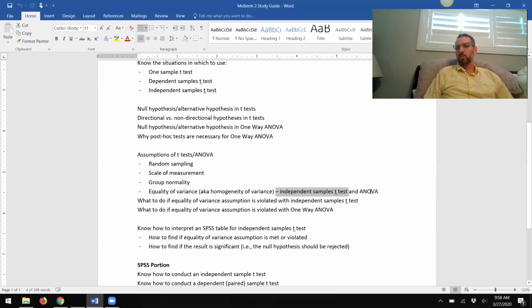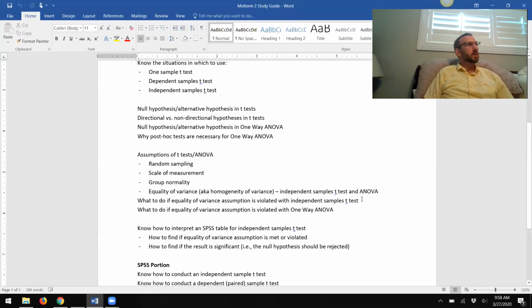Same with the one-way ANOVA. It doesn't do it automatically, but if you check that box that says homogeneity of variance test, then it's going to run the test. It's going to give you a Levene's statistic, and then it's going to give you a p-value. Same idea. If it's significant, that means you violated the assumption of equality of variance.